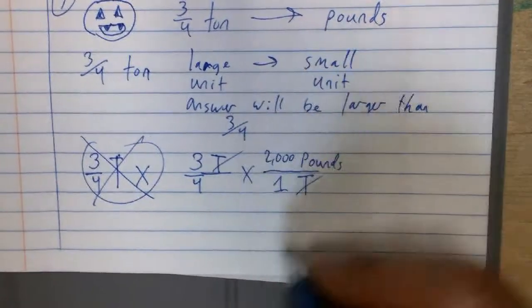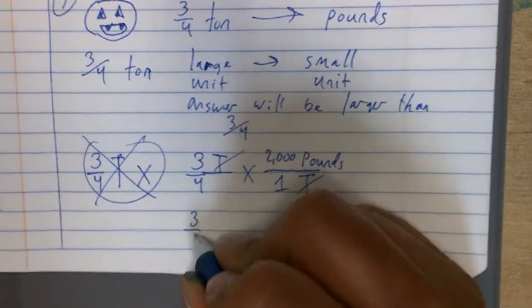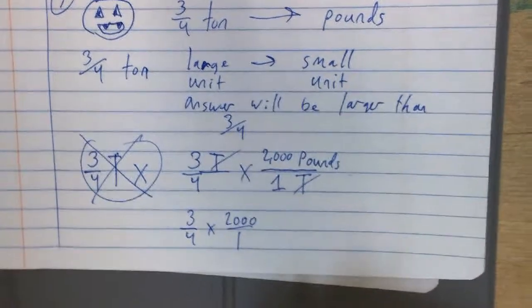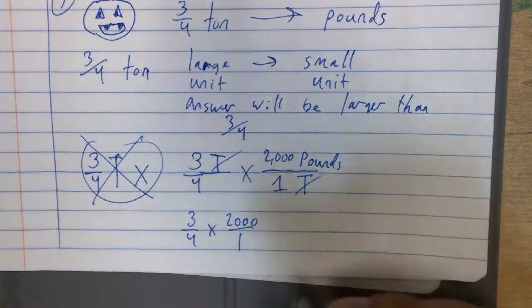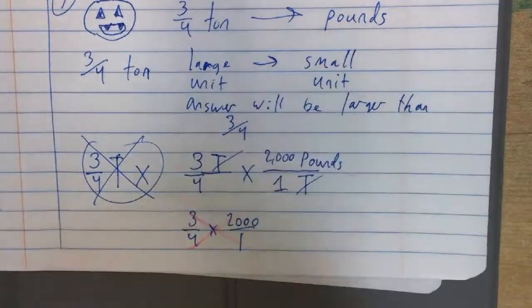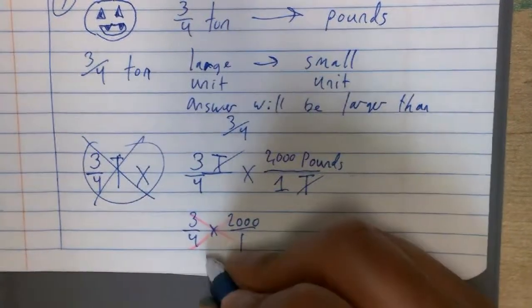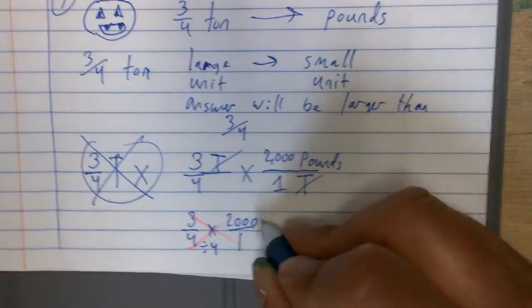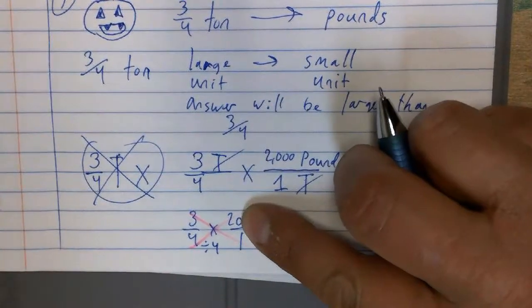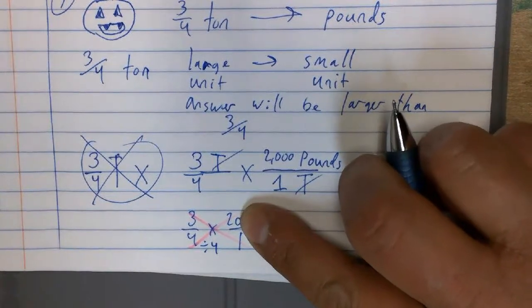Tons cancel out. We have 3/4 times 2,000 over 1. Okay, you know what? I know you don't like this, but I'm going to do it anyways. I always check. I can simplify before I multiply. I know 4 goes into this. Why? I know 4 goes into 20, so I know this works.